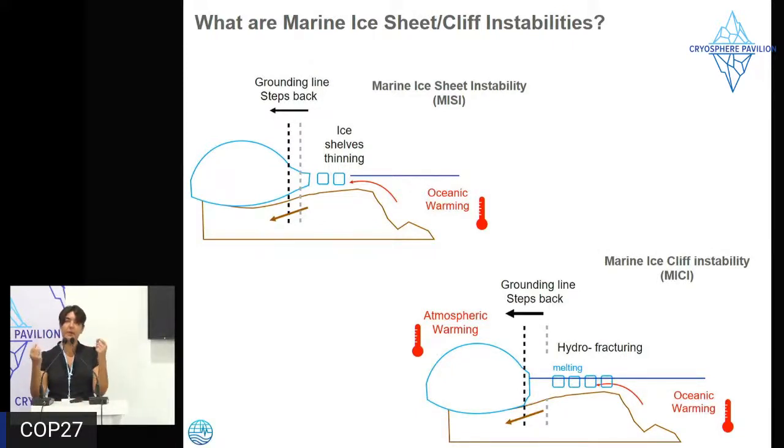If the temperatures are warm enough to produce melting at the surface of the ice shelf, the meltwater penetrates into the crevasses of those ice shelves. When winter happens, it just freezes again and enlarges the cracks and creates hydrofracturing processes that make it very easy to disintegrate if ocean warming below is particularly aggressive. So it also produces a huge discharge of ice into the ocean and a very large sea level rise, even larger than the marine ice sheet instability because it combines both. An important aspect of those instabilities is that they can trigger everywhere.